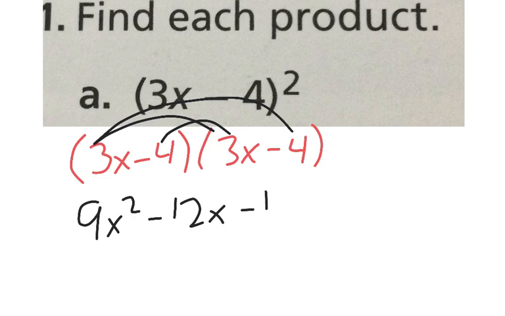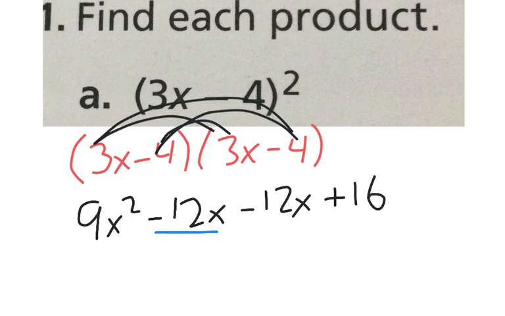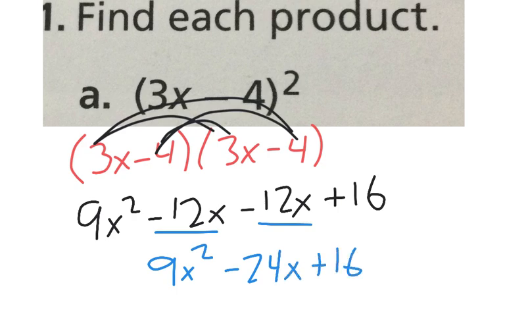Negative 4 times 3x is negative 12x. Negative 4 times negative 4 is positive 16. And then I have like terms here that I need to combine. So that leaves me with 9x squared minus 24x plus 16.